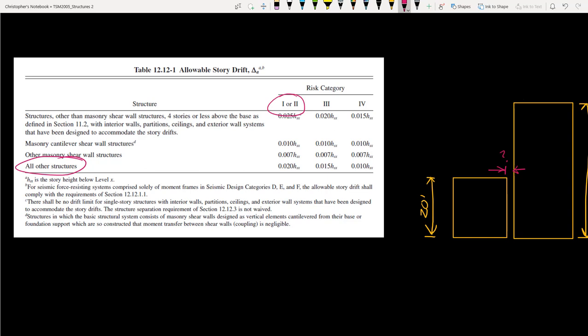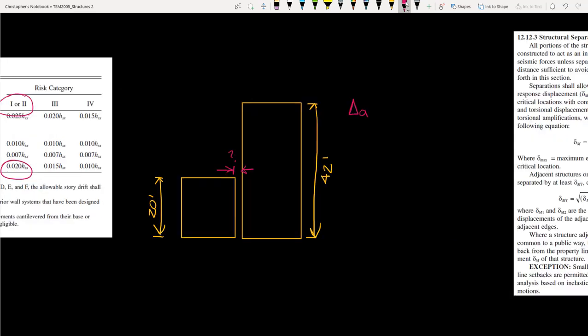So our drift limit is 0.02 times the height. 0.02 times 20 feet times 12 inches per foot. And so that gives us an allowable drift of 4.8 inches at the top of this building.